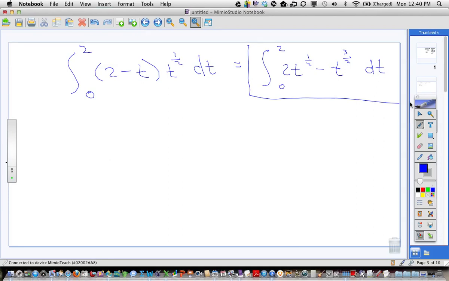Now, one of the things that we'll talk a lot about in the next week as we get ready for the gateway test is, when you see one like this, before you can do the antiderivative, you have to do some algebra to it. That was true in derivatives. Sometimes it was easier to simplify it first before you did the derivative rule. The same thing is true, probably more true, in antiderivatives.